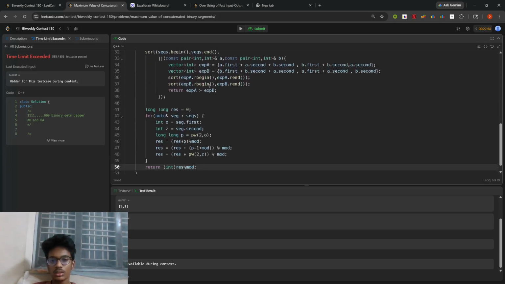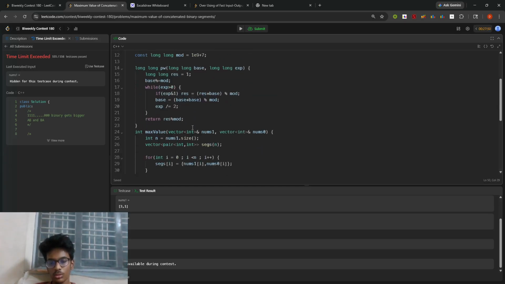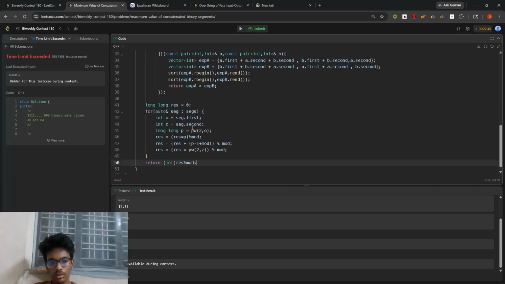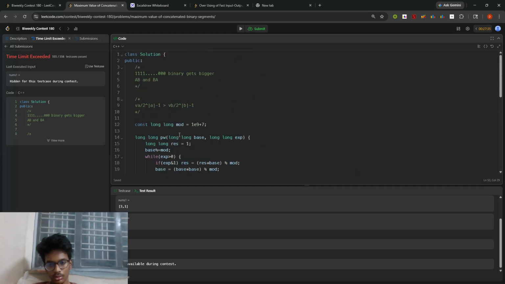I don't think there's anything. However, the modular exponentiation is also in log. We'll try once with fast IO, then once with the other thing. Okay, let's try the fast IO first. Let's write it as a static method.